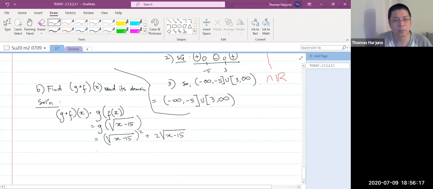This gives us x minus 15, because the square root cancels with the square, but the second part here is still the same.